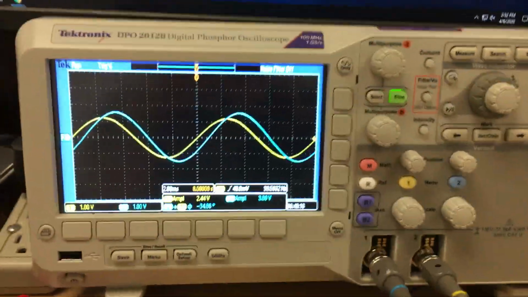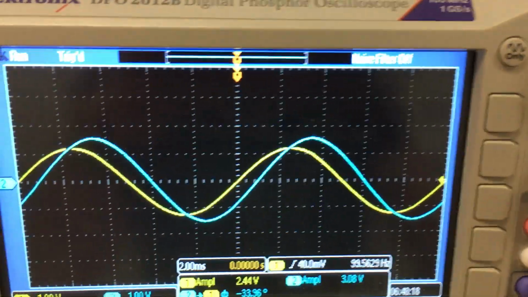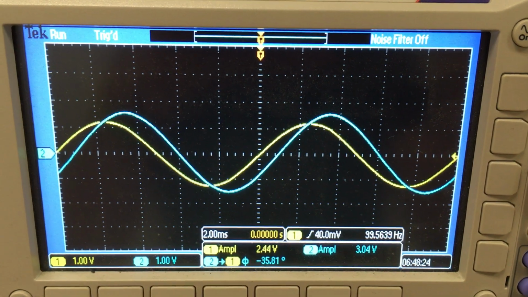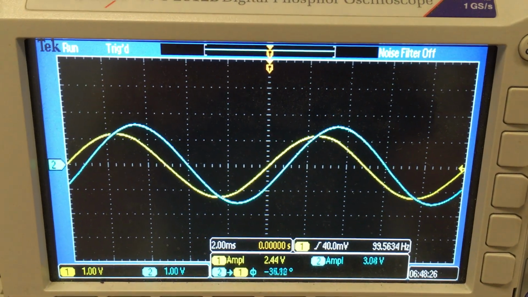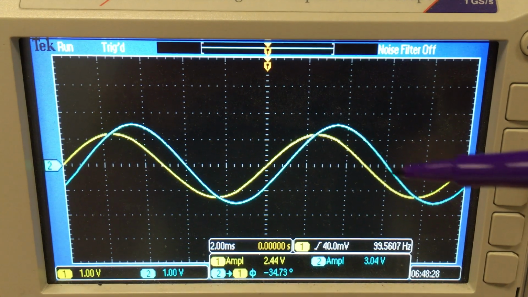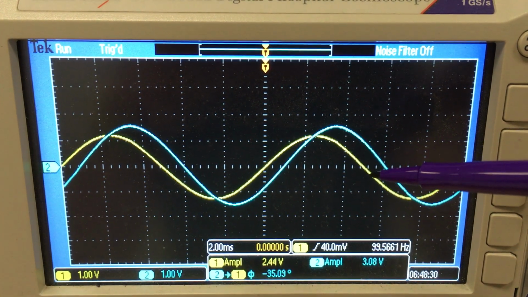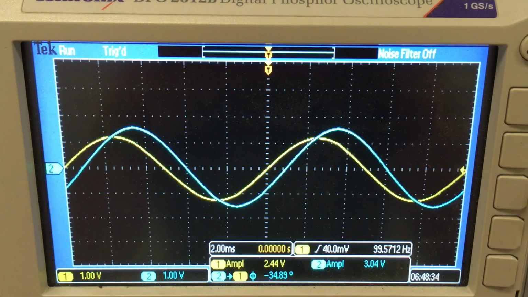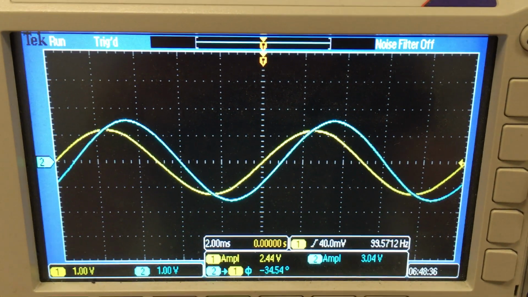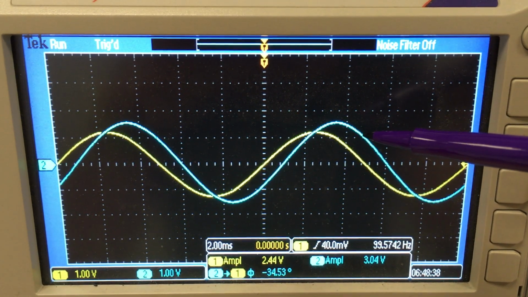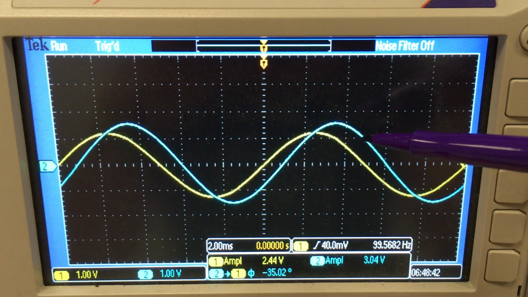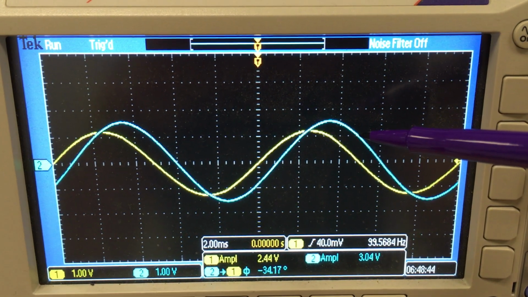So if we shift over here to look at the oscilloscope display, let me get in nice and close here. So remember that the yellow signal is the one, let's see if I can point at it accurately, that's being measured across the resistor, and the blue signal represents the voltage signal that is measured by the oscilloscope that's coming from the power source directly, okay?